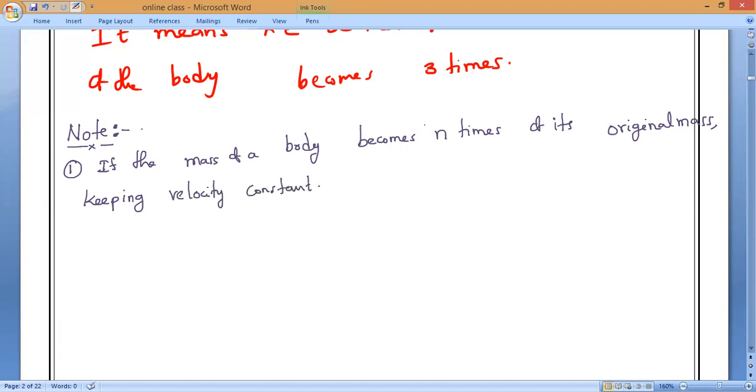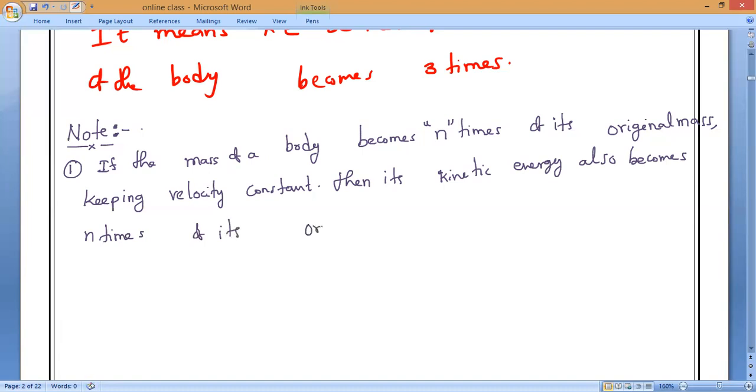Keeping velocity constant. See, that becomes n times, not 2 times or 3 times. I'm not saying it decreases n times or increases n times. N indicates anything. Then its kinetic energy also becomes n times its original kinetic energy.